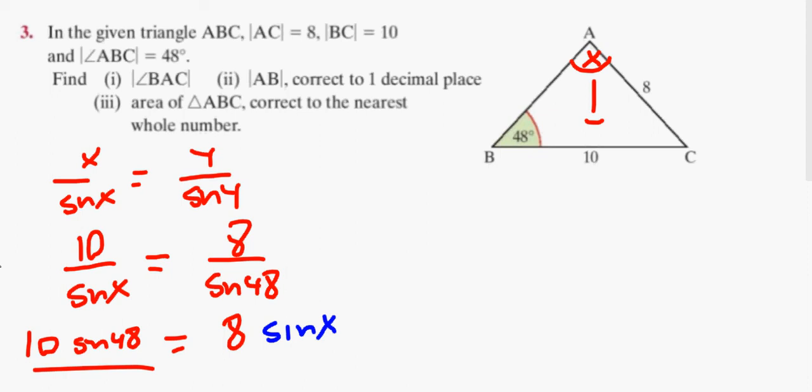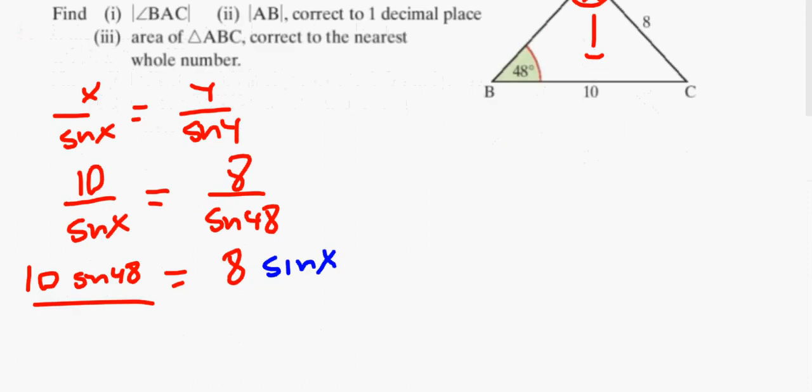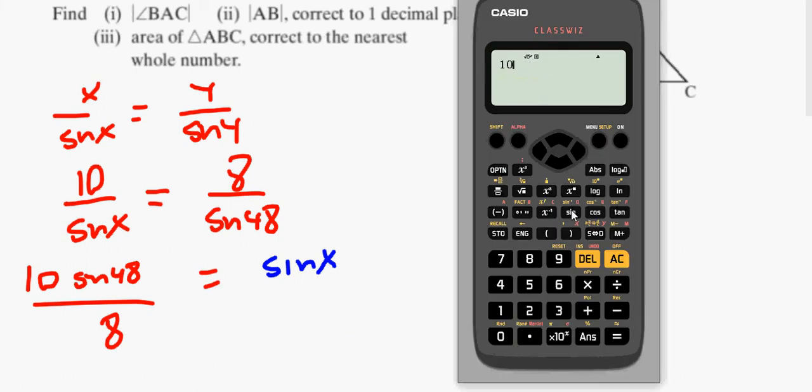The 8 is multiplied on the right, which will make a division on the left. Of course it takes the equal sign with it. Put all that into the calculator once again: 10 sine 48 close bracket divided by 8.